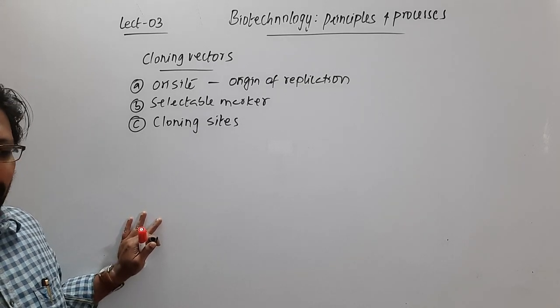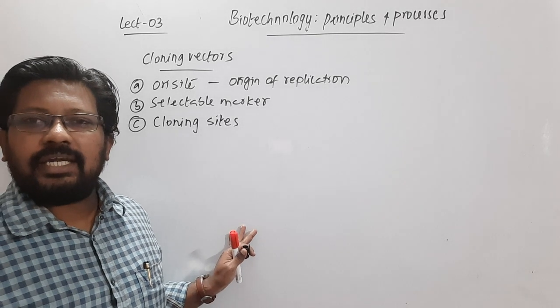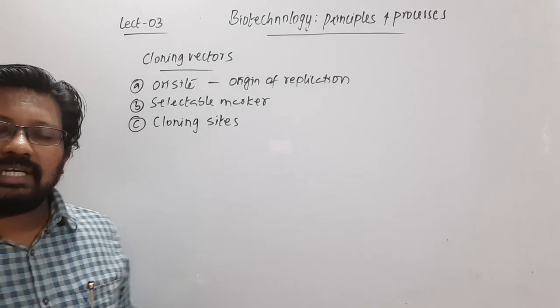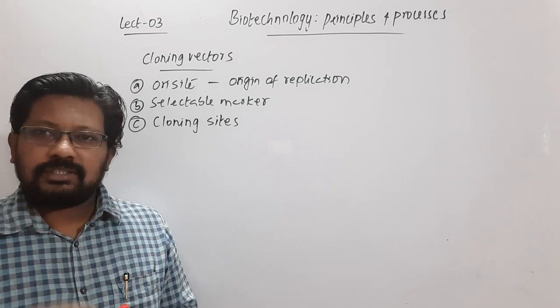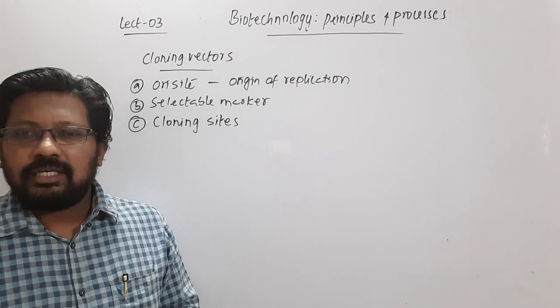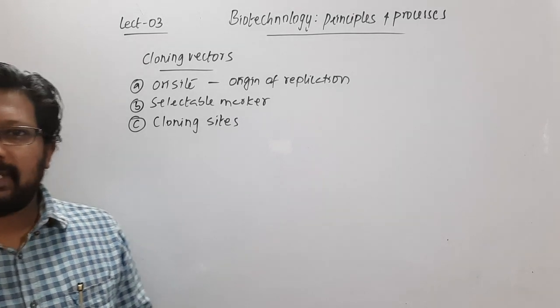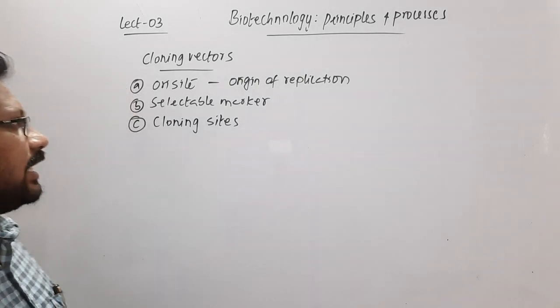Without this origin of replication, the plasmid will not be able to replicate by itself. If you remove this ORI site, the plasmid will never replicate. For the replication process to take place, the enzymes need to identify this site and start the process of DNA replication that we have already studied in the molecular basis of inheritance.